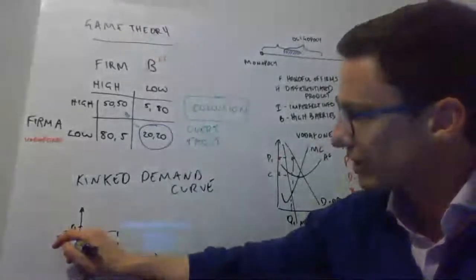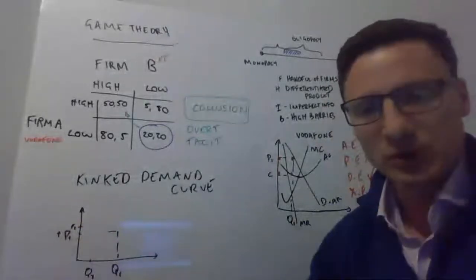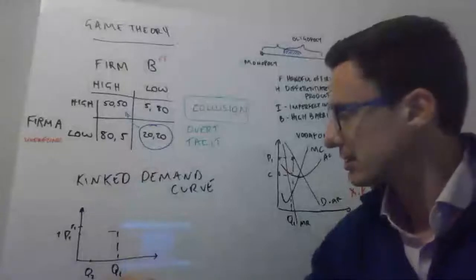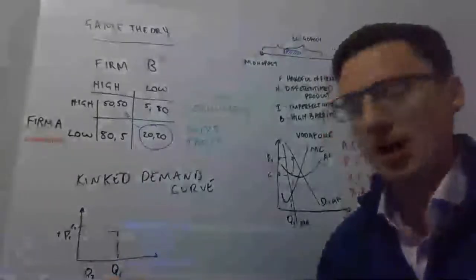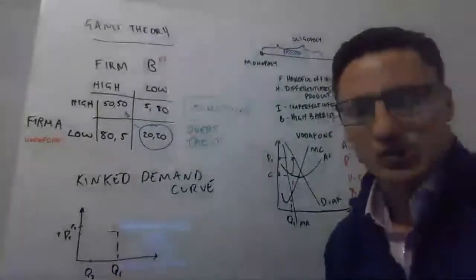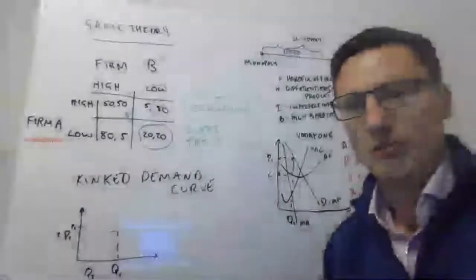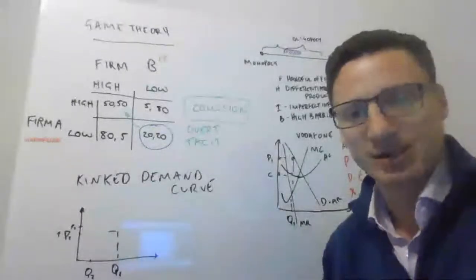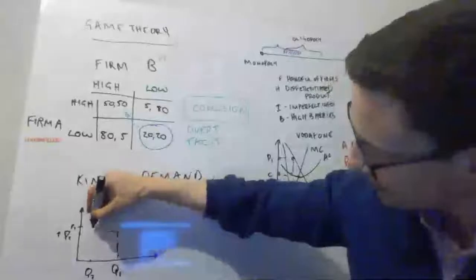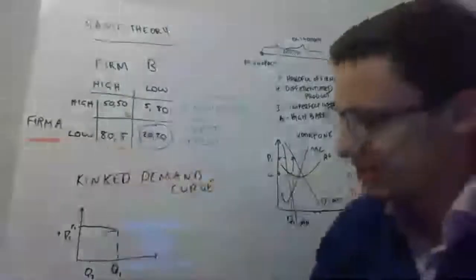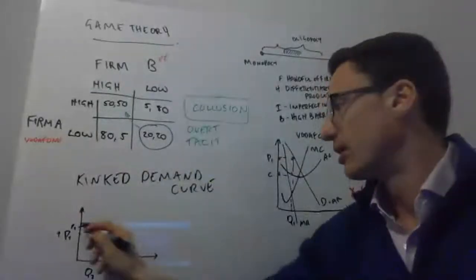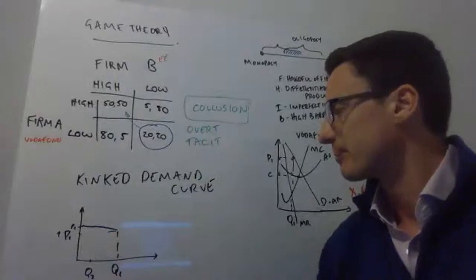And what I want you to recognize here is that even though the price went up by only a bit, the market share fell by a lot. And that is the literal definition of price elastic demand. So we can draw a relatively shallow demand curve there.